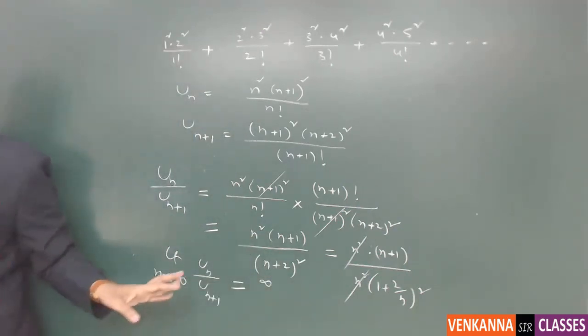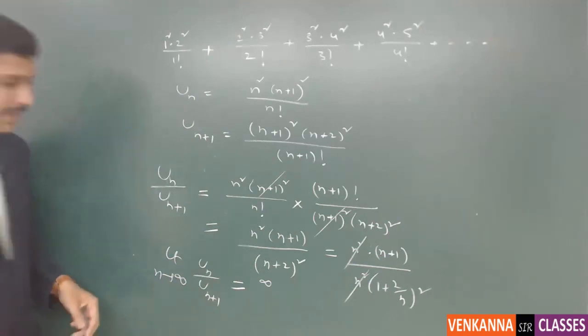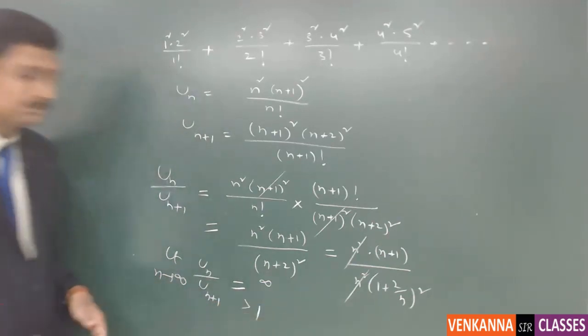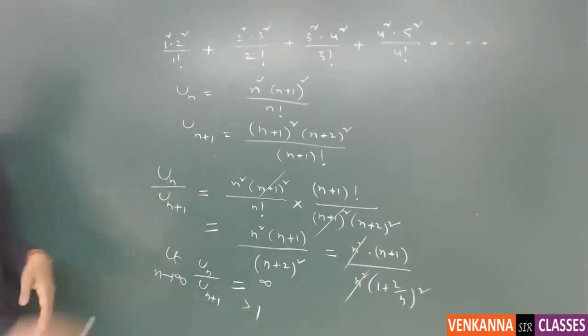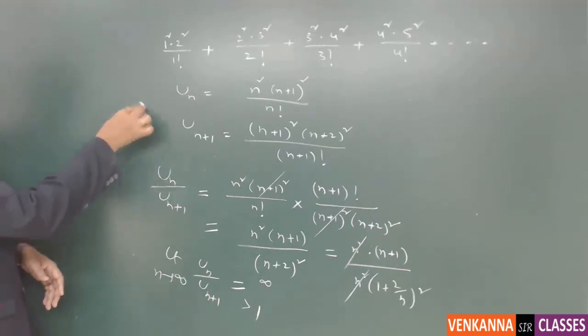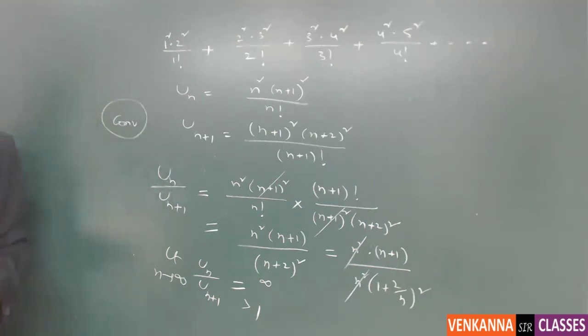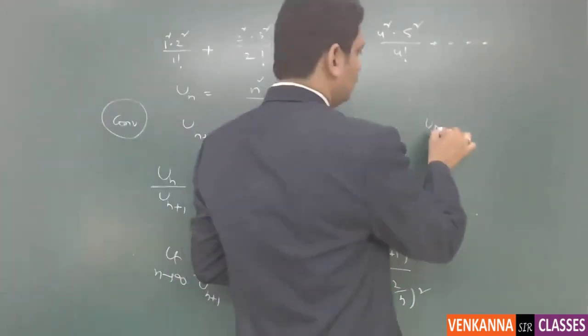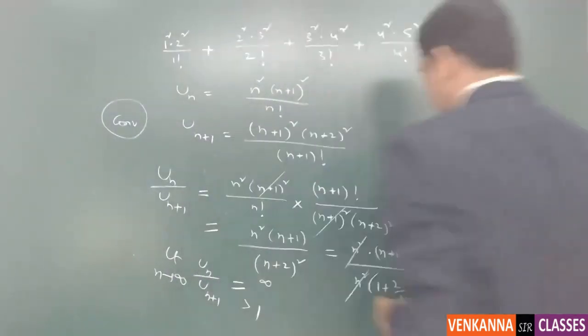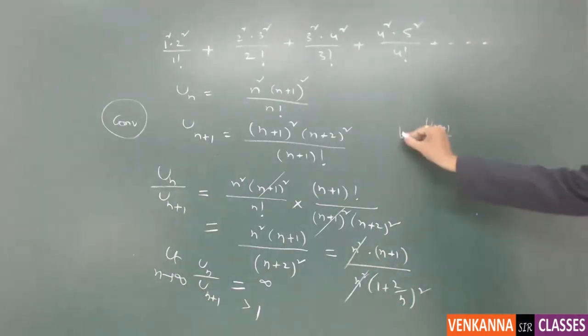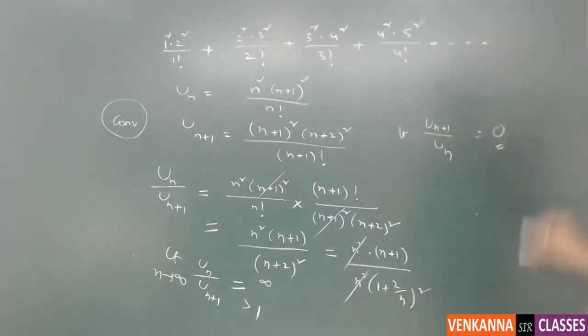So here we need to say that since the value is bigger than 1, by ratio test it is convergent. Now what happens if you calculate un plus 1 by un, the limit value will be equal to 0. Since it is less than 1, it becomes convergent.